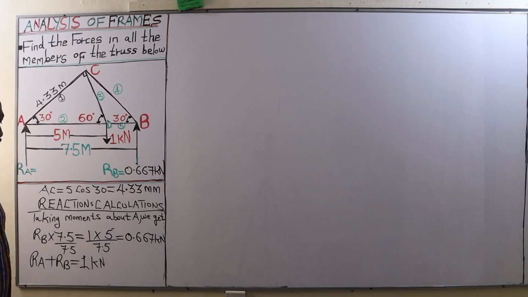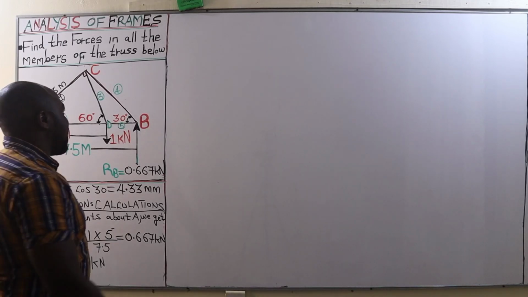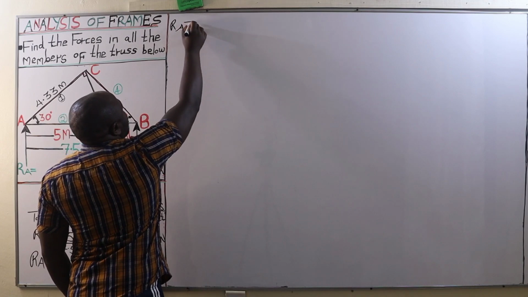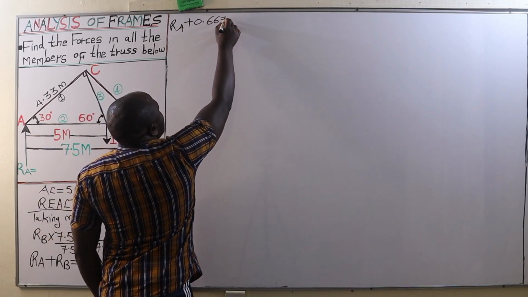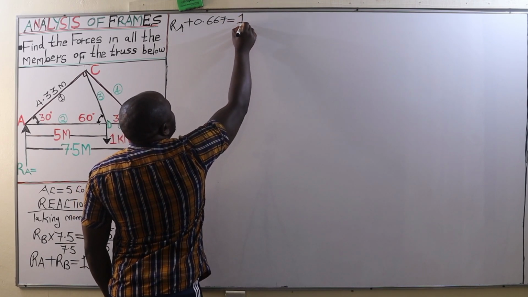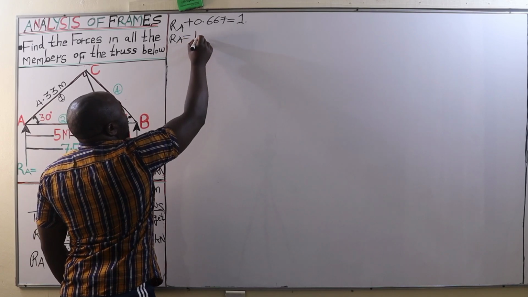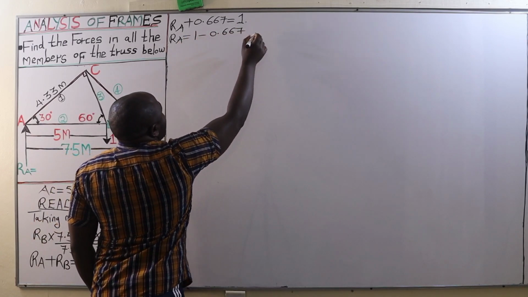We have the reaction at B as 0.667. Therefore, RA plus 0.667 is equal to 1, and that's going to be RA equals 1 minus 0.667.